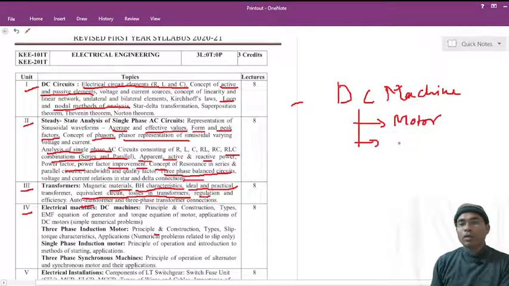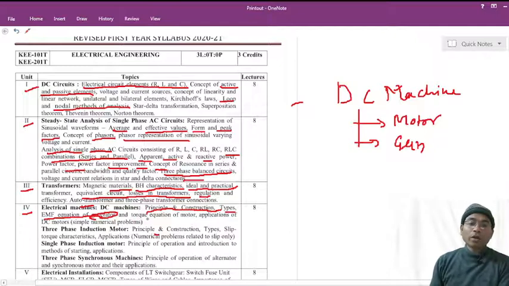So you will learn the working principle of motor and generator in this 4th unit, the working principle and construction of the motor and generator, then types of motor and generator, then the EMF equation of the generator. Here it is especially written generator. So the EMF equation of the generator will be covered, and the torque equation of the motor. So here machine is not used, the word motor is used.